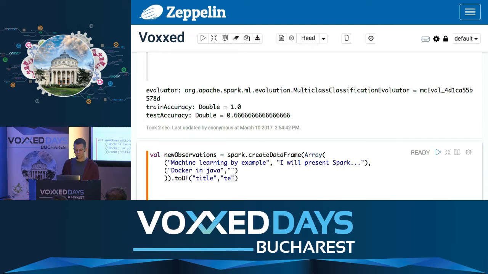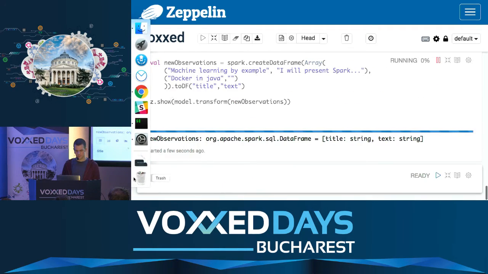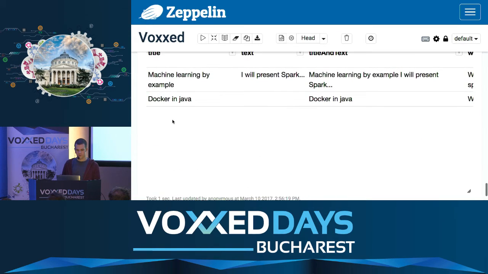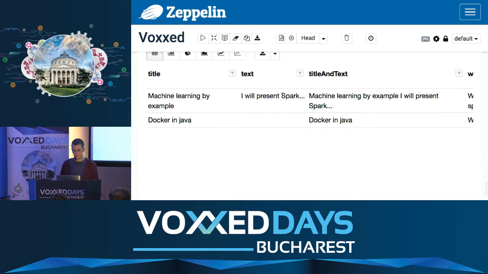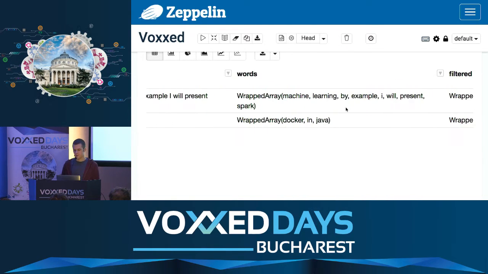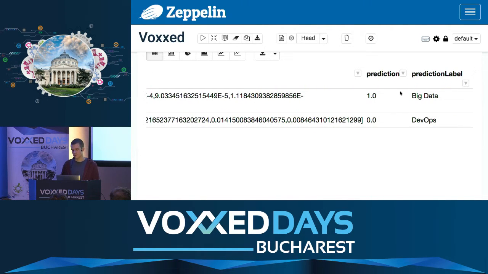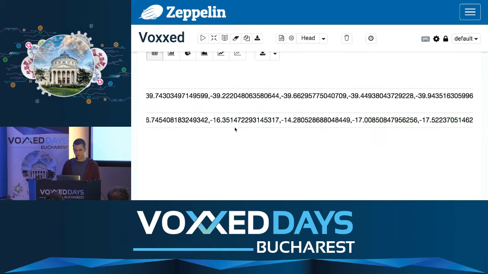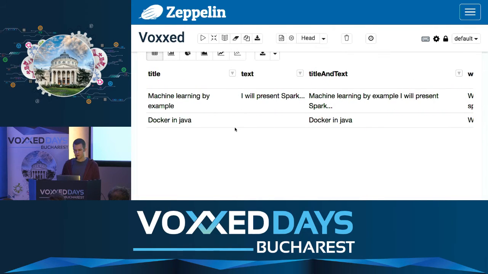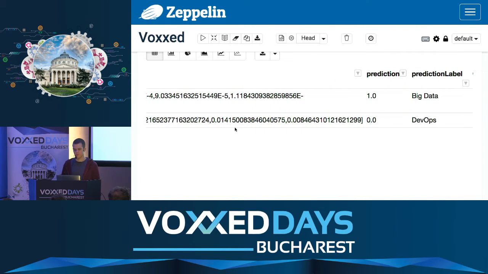So this was title and text. And now, model transform new observations. We are just passing a data frame to it, and let's display it already. So z.show, and there's the table. So machine learning by example with text, I will present Spark. It has generated all these columns we are looking at, and there's prediction 1.0. So it has classified the talk to big data. So it worked quite well. And the second one was Docker in Java, and it classified it to DevOps. So it also worked quite well.